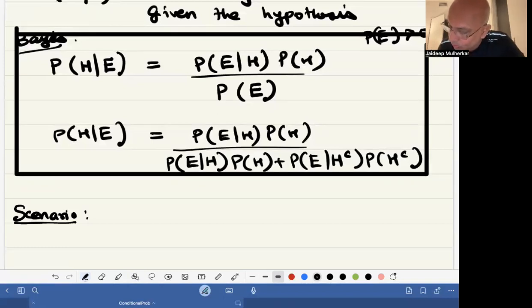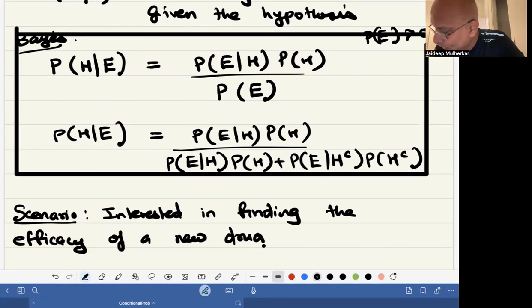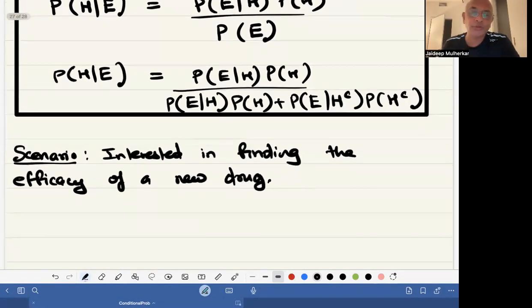We are interested in finding the efficacy of the new drug. And we have some prior belief of the efficacy of the drug based on similar drugs or opinions of experts. So DE stands for drug efficacy.